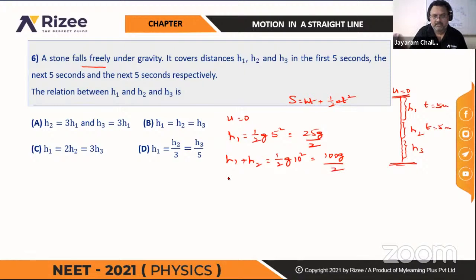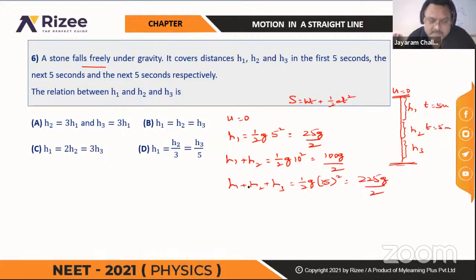Similarly, for the total length, h1 plus h2 plus h3 is equal to half g into the total time taken to cover all three, which is 15 seconds. It will be 225 g by 2. So this is the relationship.